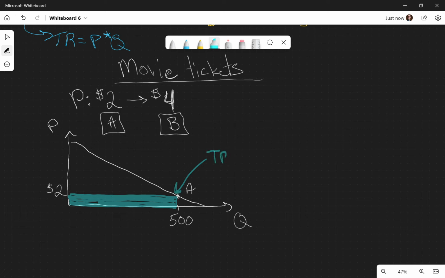Total revenue is equal to price times quantity, which means it's going to equal 2 times 500, which means this whole thing is going to be $1,000 of total revenue. Questions on that? On our total revenue calculations?